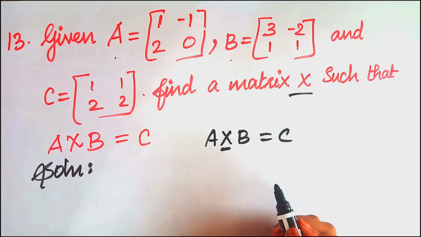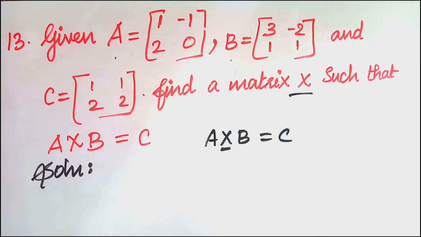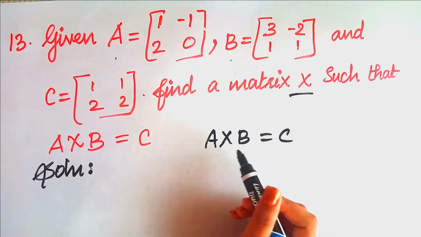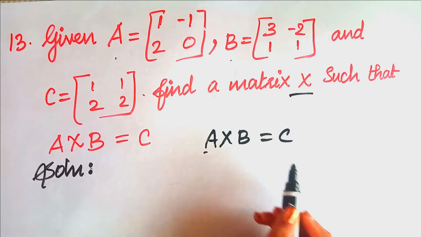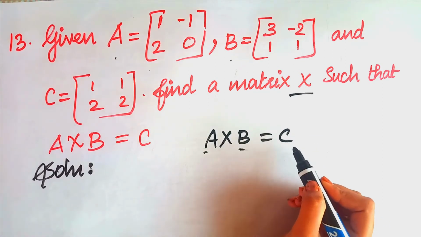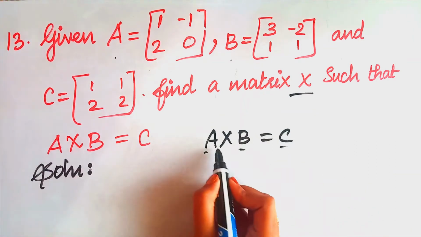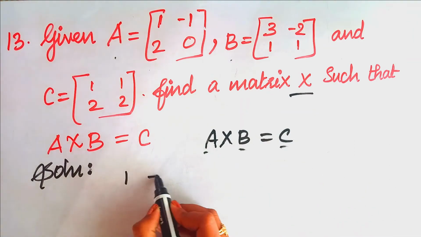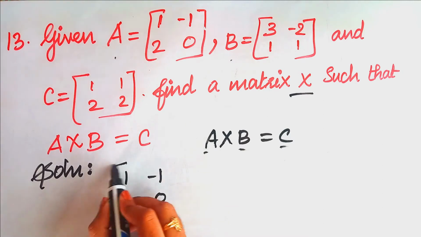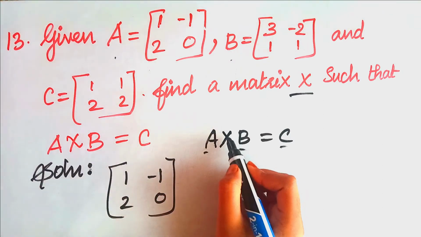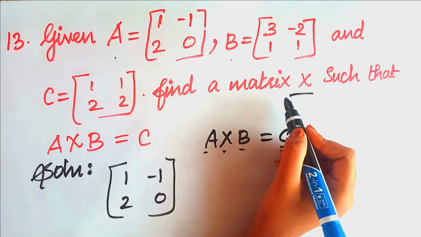So it's similar to the previous sum, right? There too we have to find A, and here we have to find the value of X. Here you can see that we know the value of A, we know the value of B, and we know the value of C, right? So now let's substitute it. The value of A is 1 minus 1 2 and 0. Here we don't know the value of X, right? That's what we have to find.